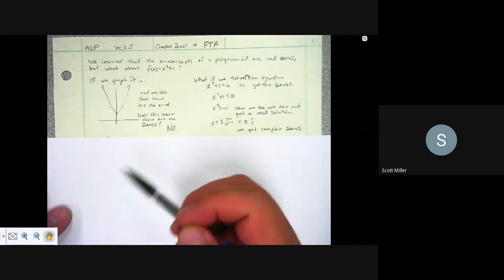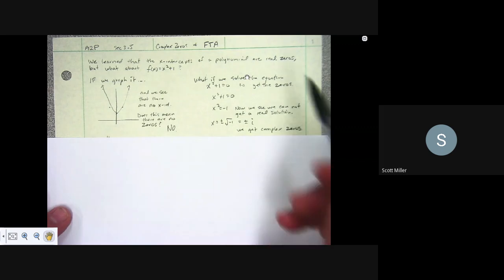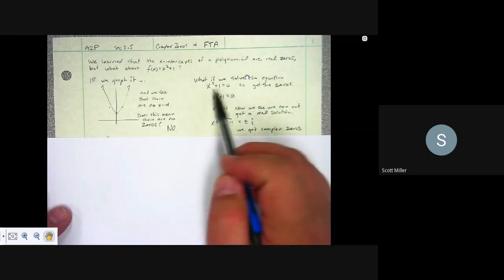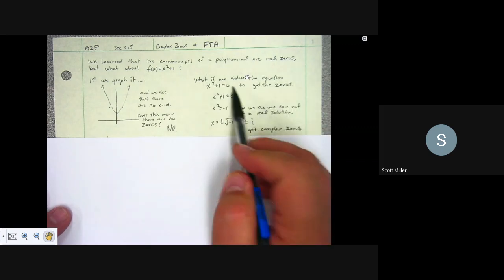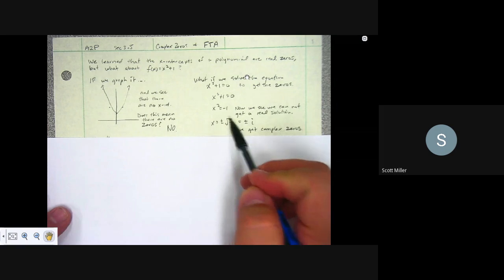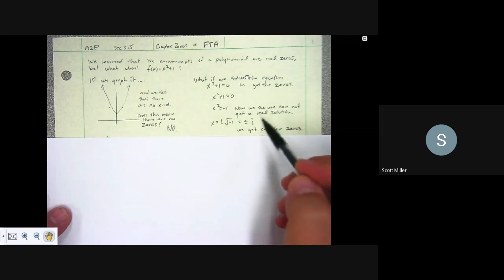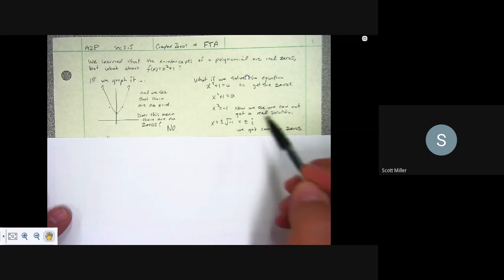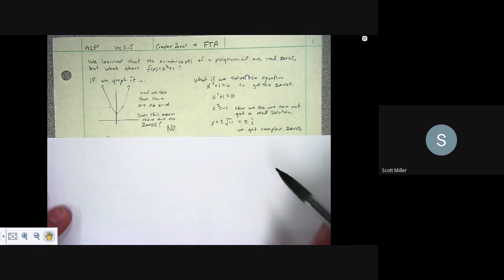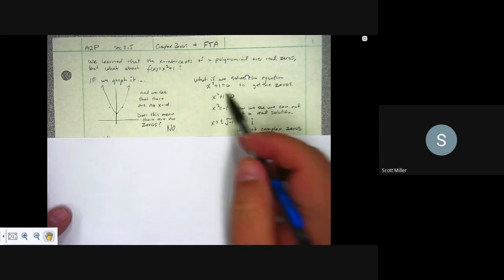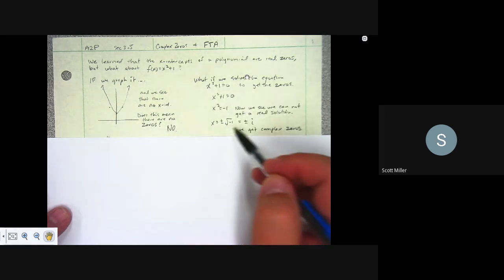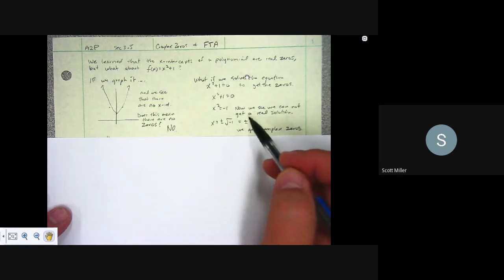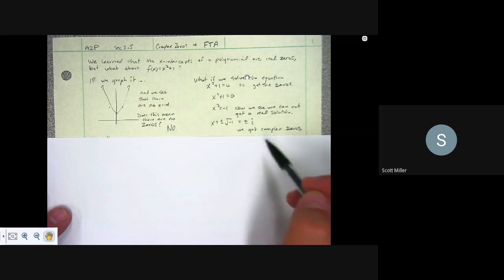We understand complex numbers now. If I solve this equation, I get x equals plus or minus the square root of negative 1, which means it's just plus or minus i, the complex number. So those become the zeros, because the solutions to the equation are the zeros. These are just not real solutions.